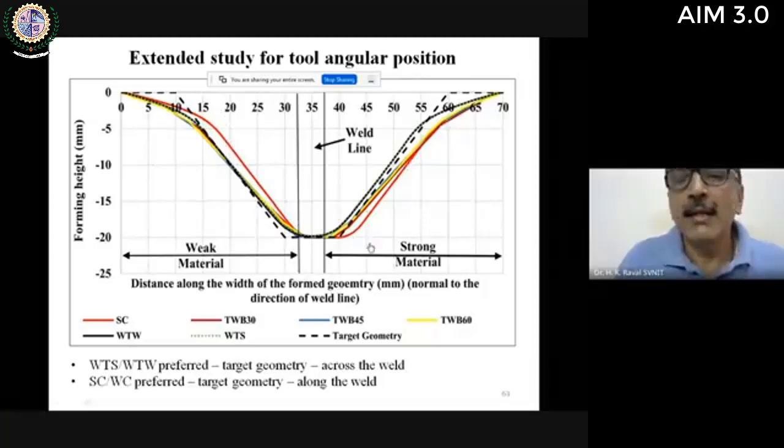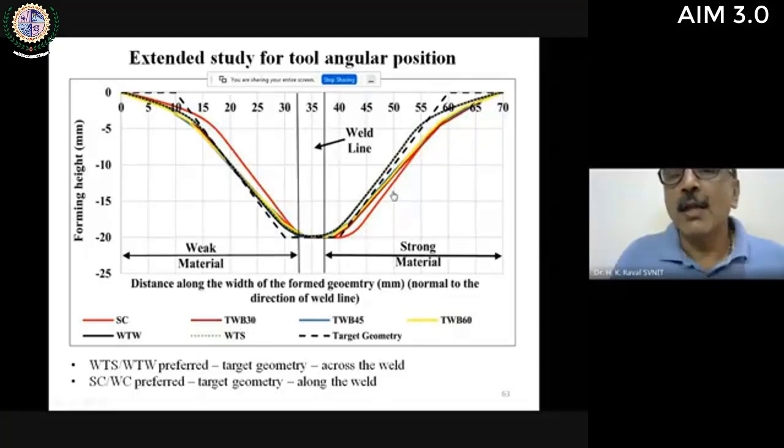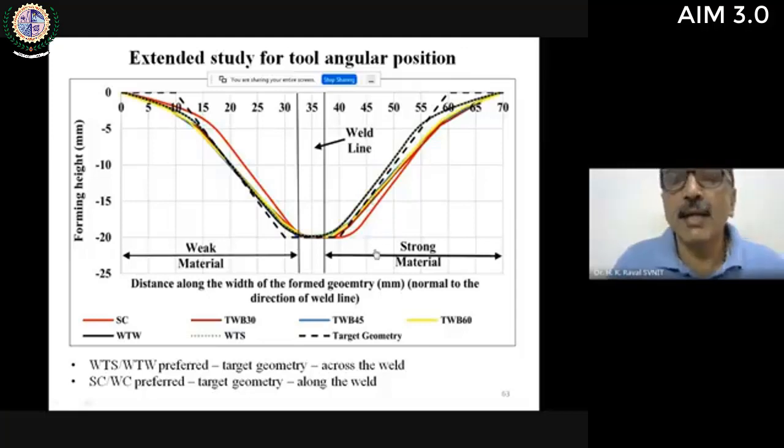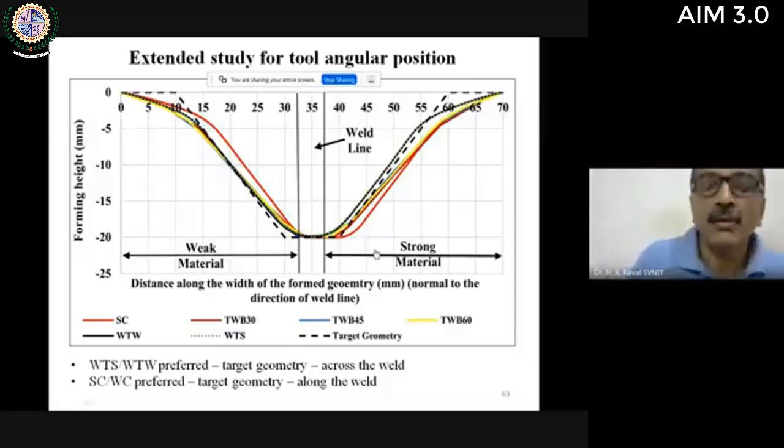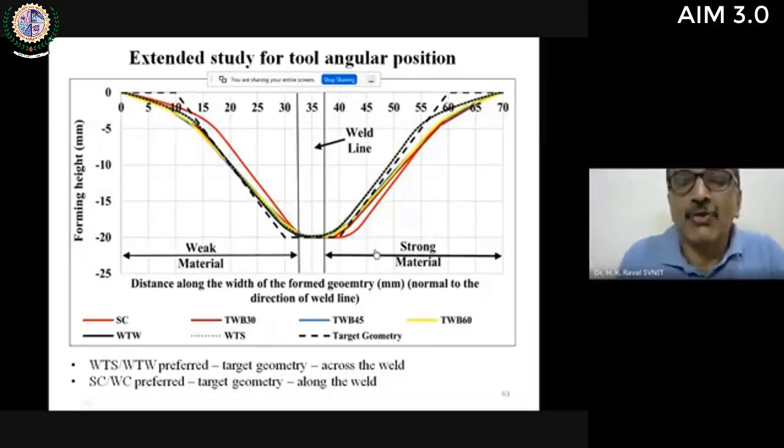But as the tool starting point moves from strong center to 30, 45, 60, and then WTW or WTS, the deviation of the formed geometry from the target geometry is reducing. You can see it is the target geometry and the deviation is reducing, meaning it is desirable to study the tool starting point effect.